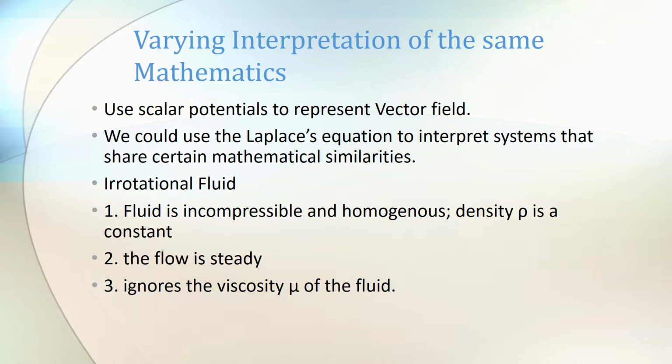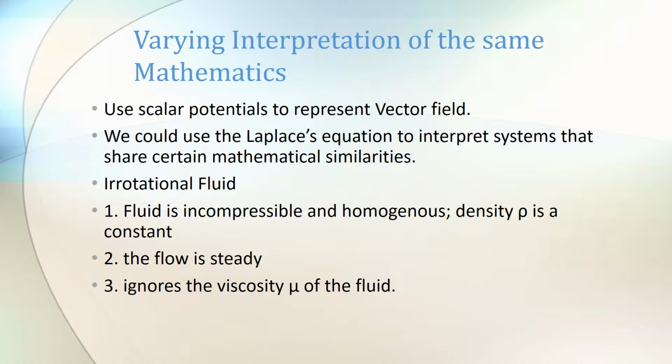Another example of varying interpretation of the same mathematics is to use scalar potentials to represent vector fields. A vector field has both magnitude and direction, for example, velocity and force. Scalar potentials are situations where the difference in potential energy of a vector in two different positions depends only on the position, not the trajectory.